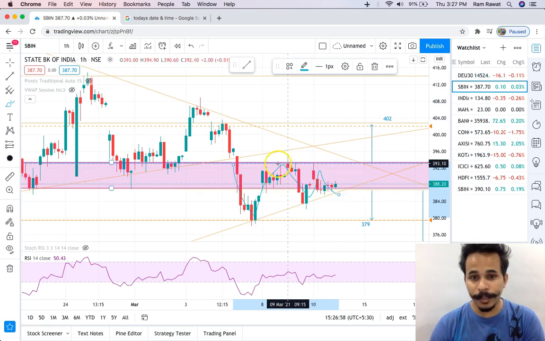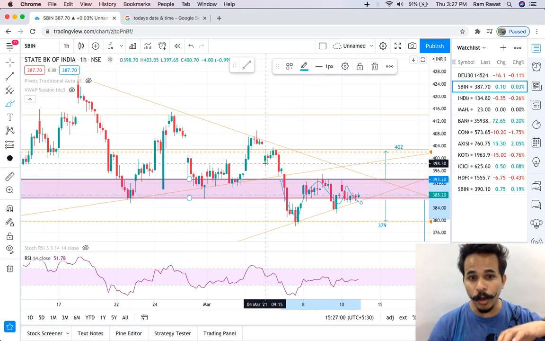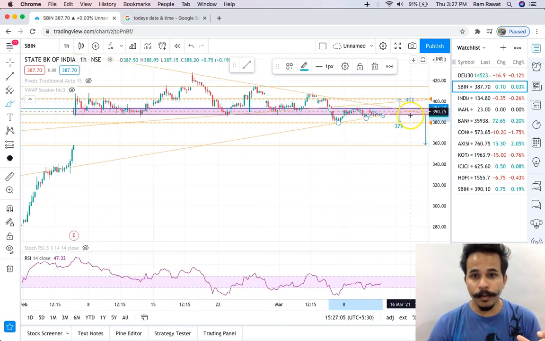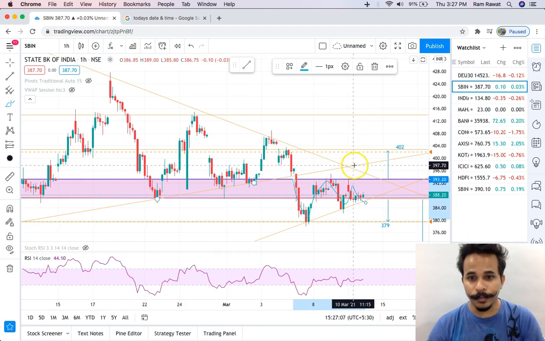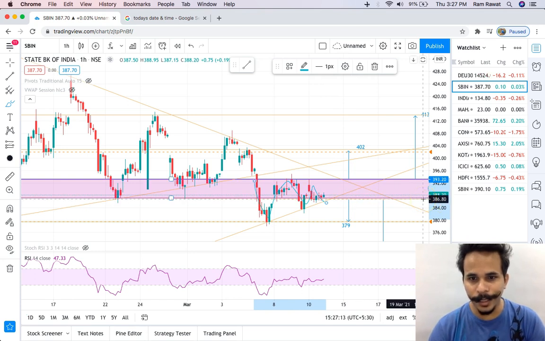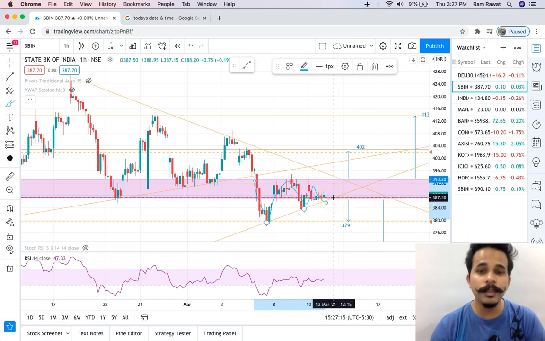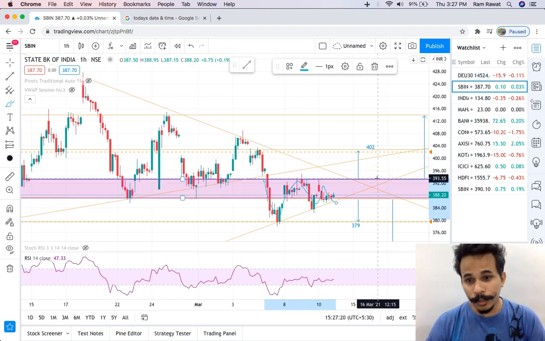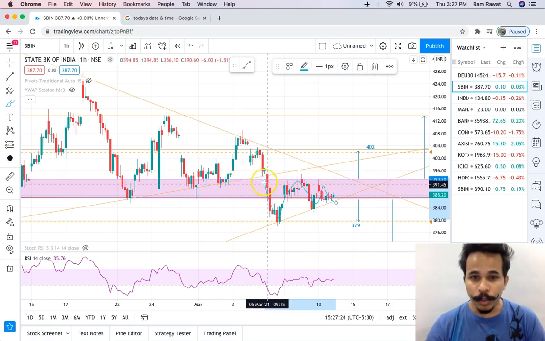Since the stock has shown a big support zone in this area, between 393 and 386, 387, something like this, there is a good chance to get into the market when the stock breaks out from this pattern.